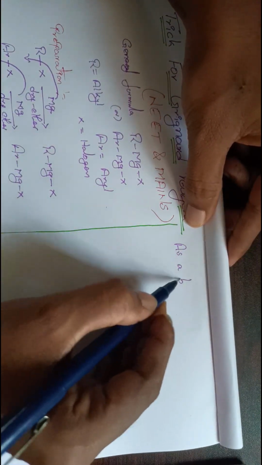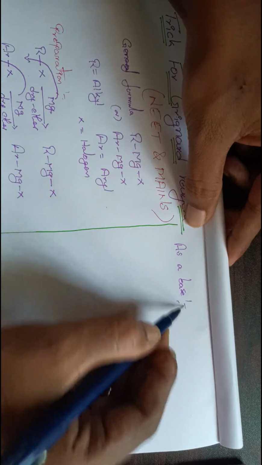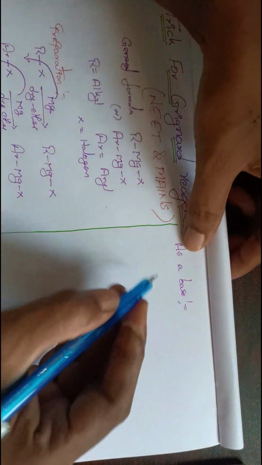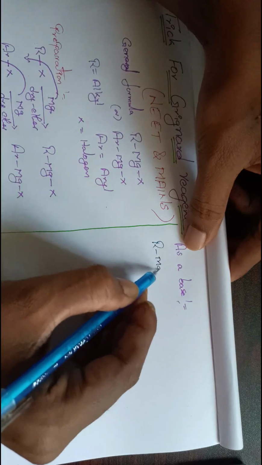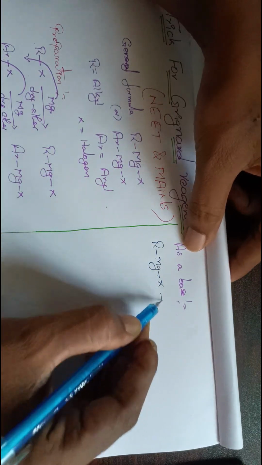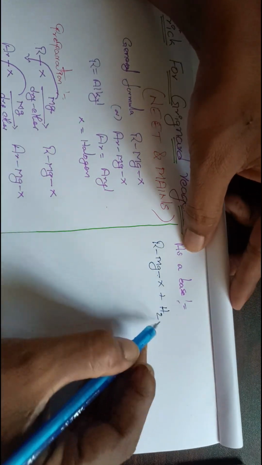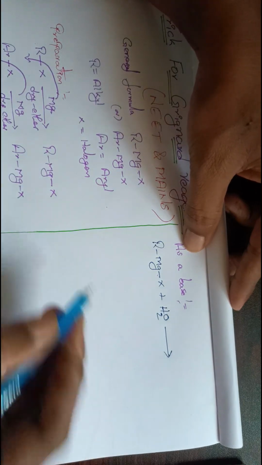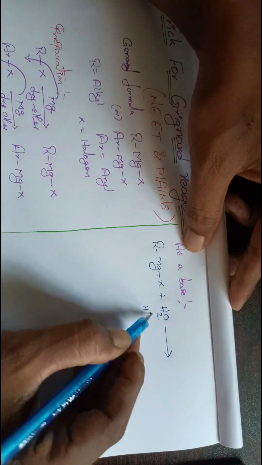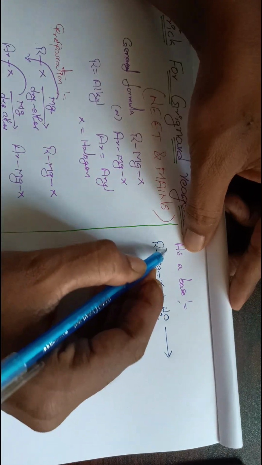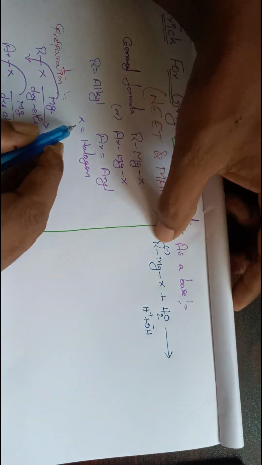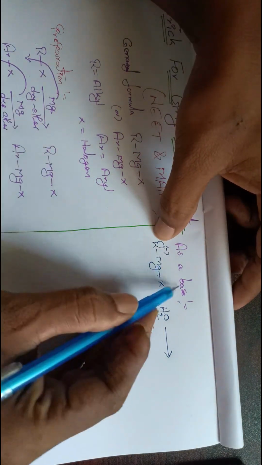First, as a base. For example, Grignard reagent RMgX reacts with a water molecule. How does water dissociate? H plus and OH minus ions. Water releases H plus ion. In the Grignard reagent, R has a negative charge, so it is a base.